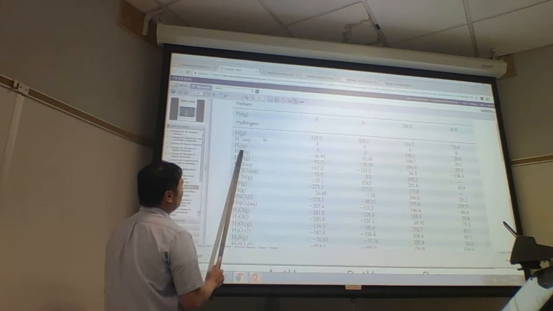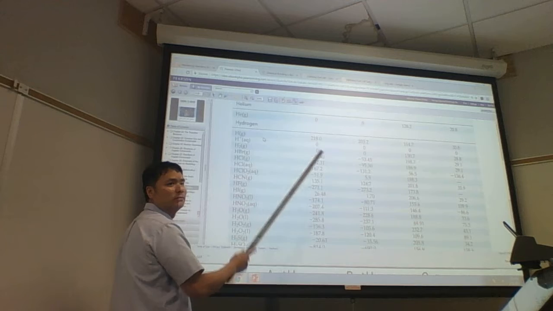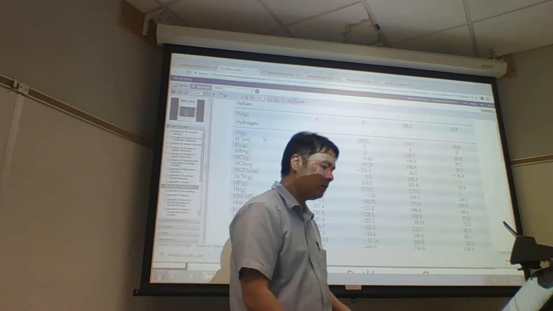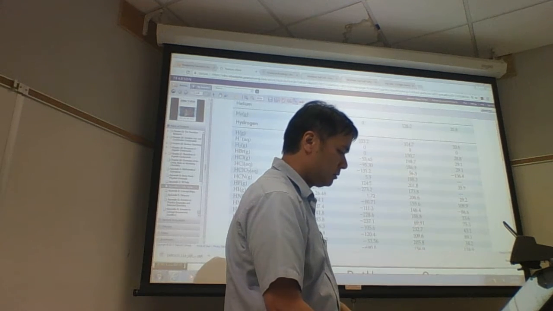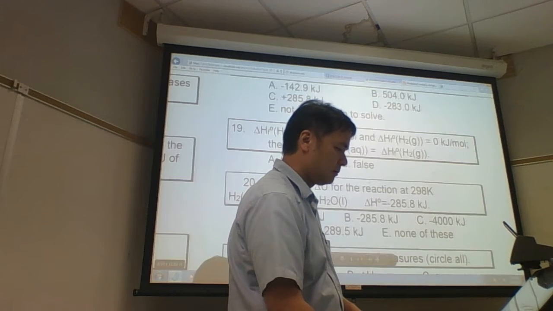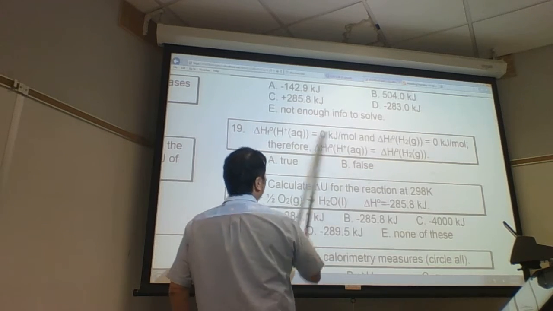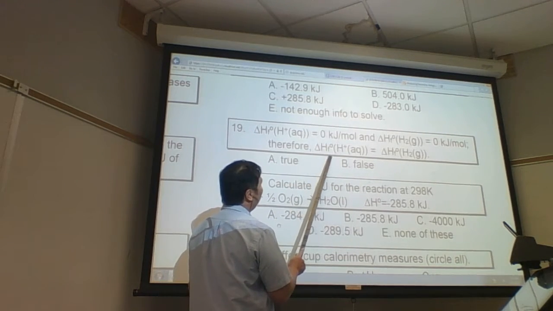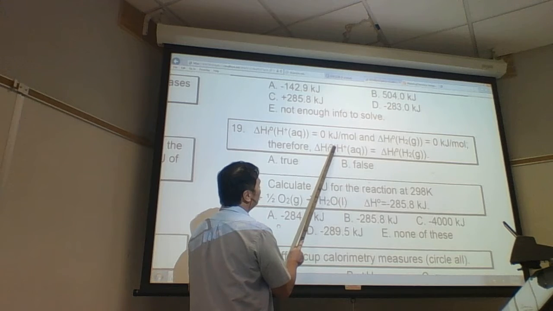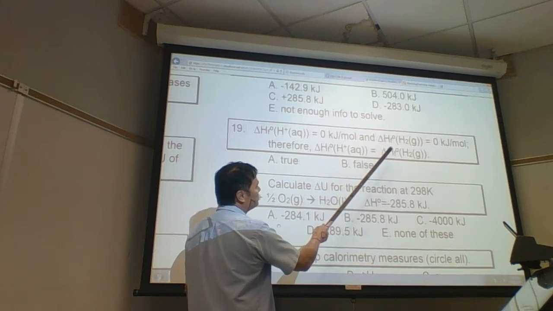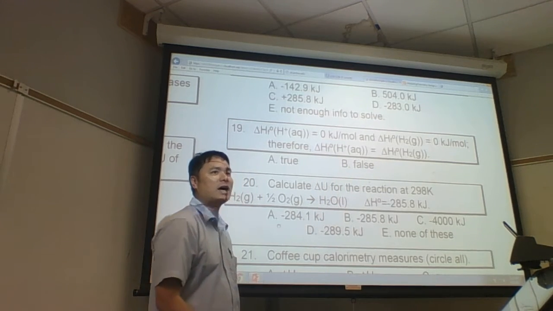The standard enthalpy of formation of H2 gas is 0. Both of those are 0 kilojoules per mole. That's true. Therefore, the standard enthalpy of formation of H plus aqueous equals the standard enthalpy of formation of H2 gas.